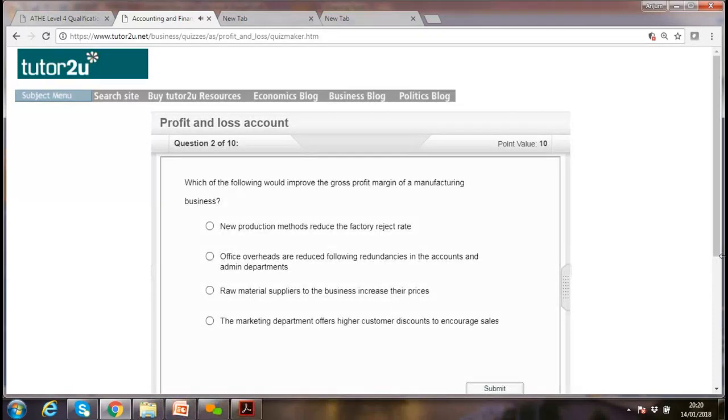Which of the following would improve the gross profit margin of a manufacturing business? Gross profit comes from sales less cost of sales. A new production method will reduce the factory defect rate. Overhead reduce. The raw material supplier of the business increases their prices. The marketing department offers higher customer discounts. So which one do you think is correct?